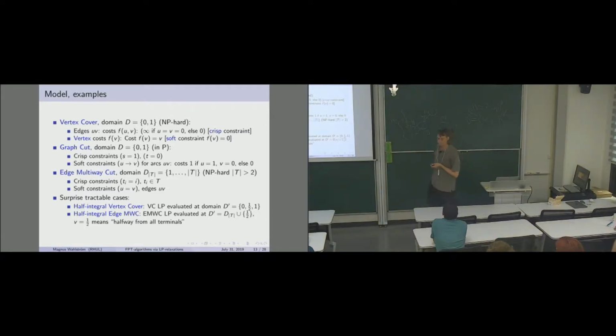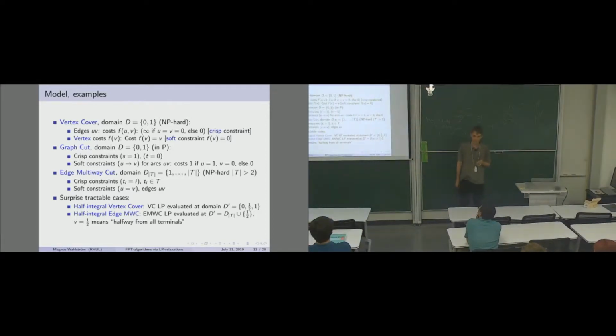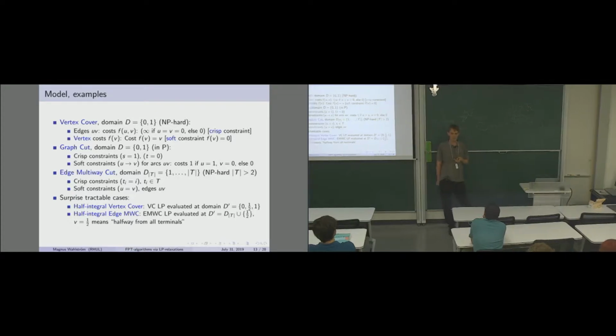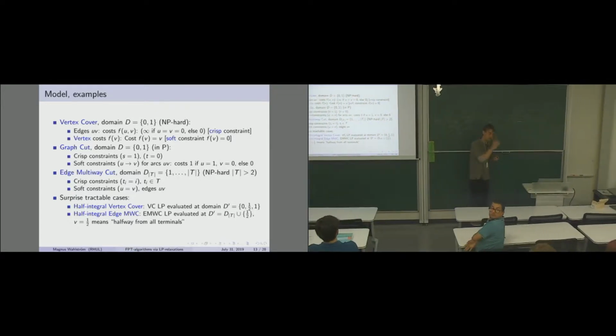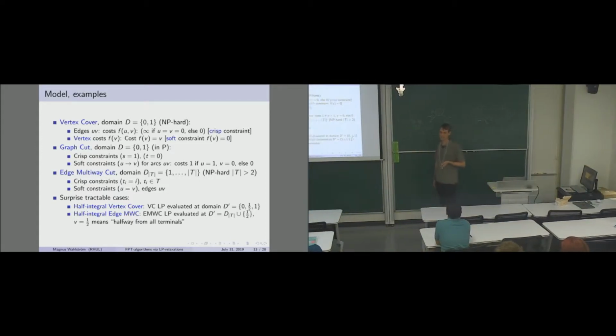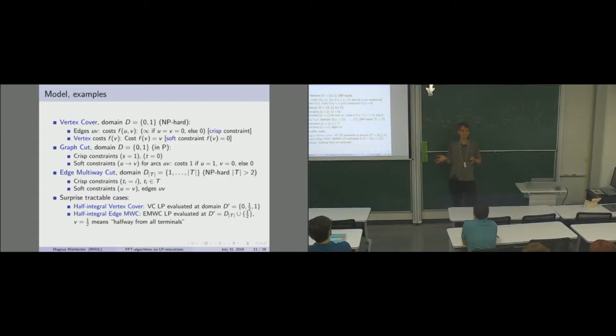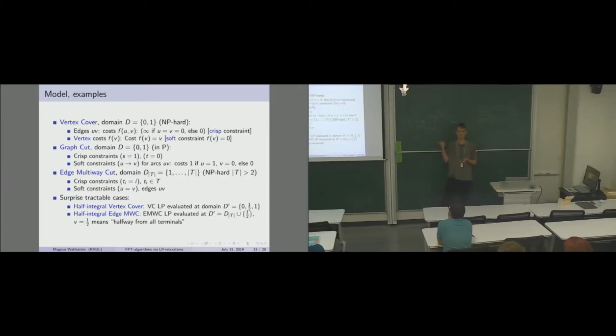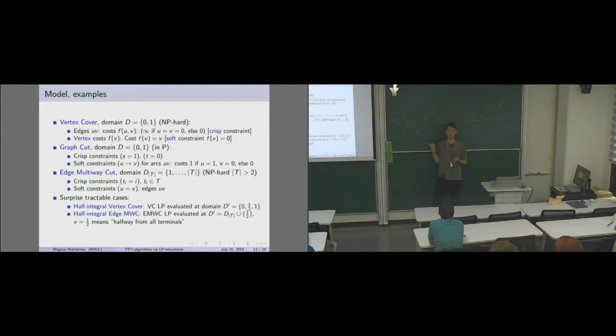Do we have a greedy 2-approximation for edge multiway cut? Edge multiway cut has approximation value better than 1.5, it's 1.3 something. It's a serious open problem exactly what the integrality gap is, but the best approximation LP for edge multiway cut is, as far as we know, not useful for FPT algorithms.